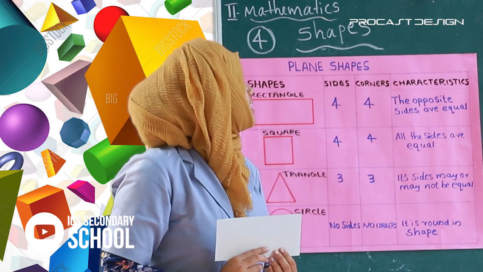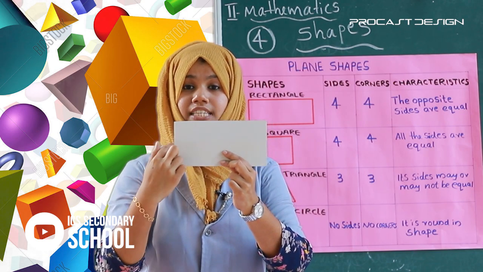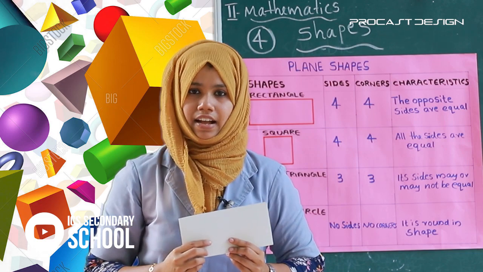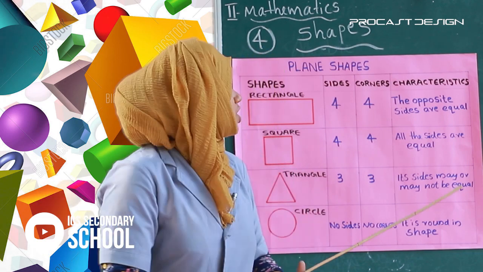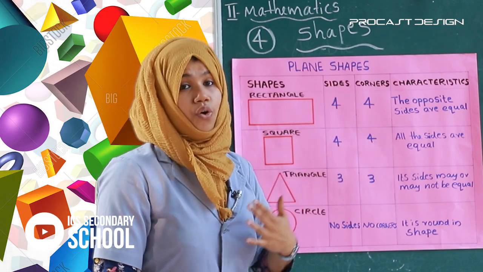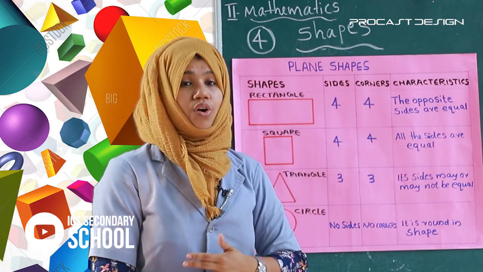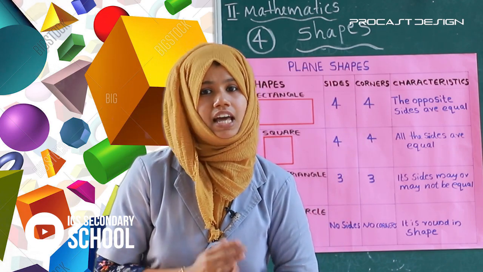The opposite sides are equal in a rectangle. So the first shape is rectangle. Rectangle has 4 sides, 4 corners and the opposite sides are equal.